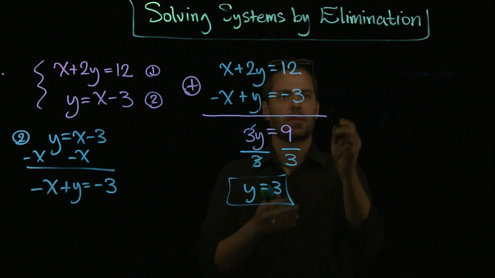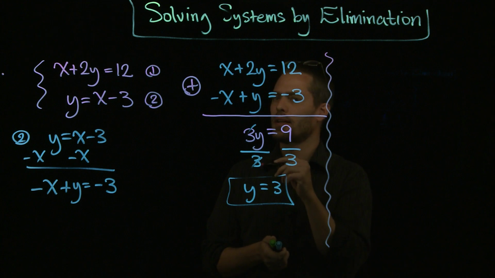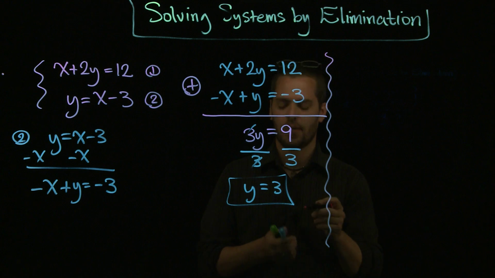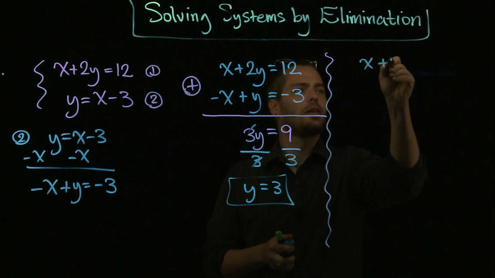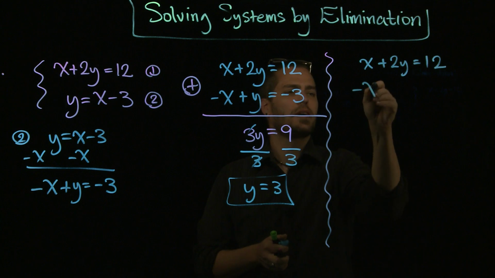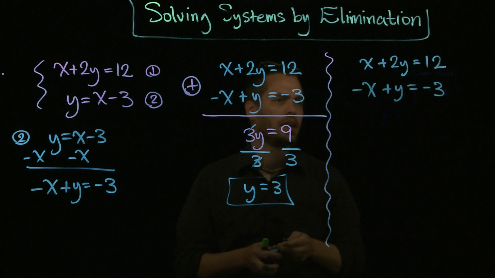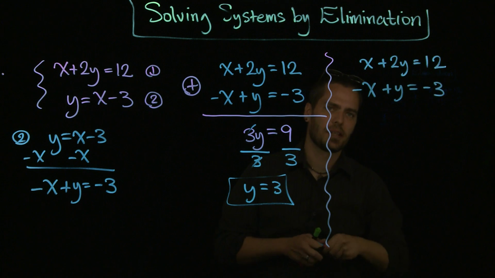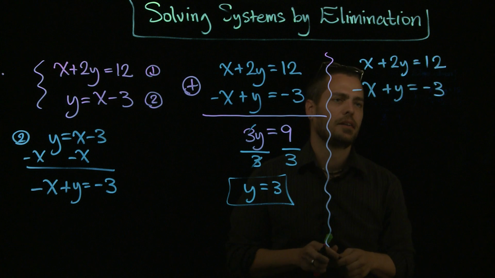So let me just create a little space here. And again, I'm going to look to my two equations, x plus 2y equals 12, in standard form, and negative x plus y equals negative 3. However, this time, instead of eliminating the x by addition, I want to eliminate the y by addition.